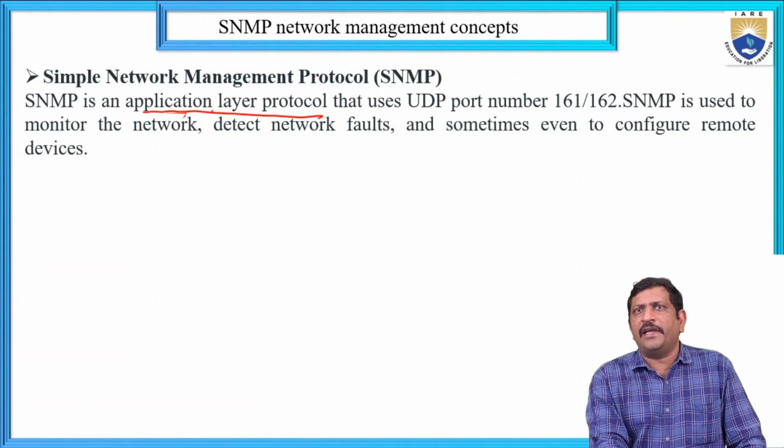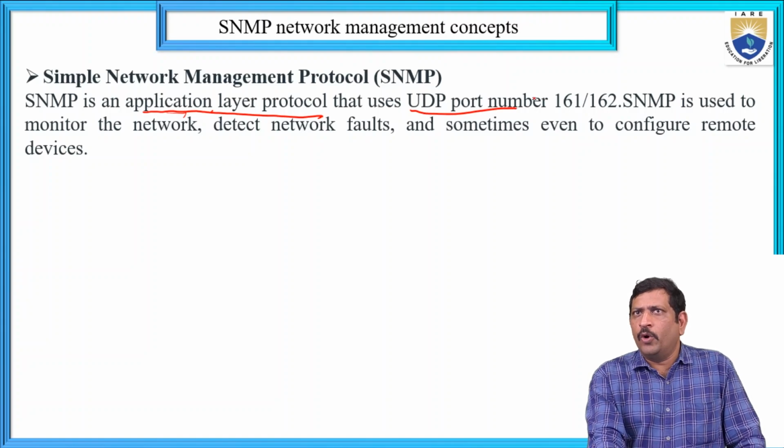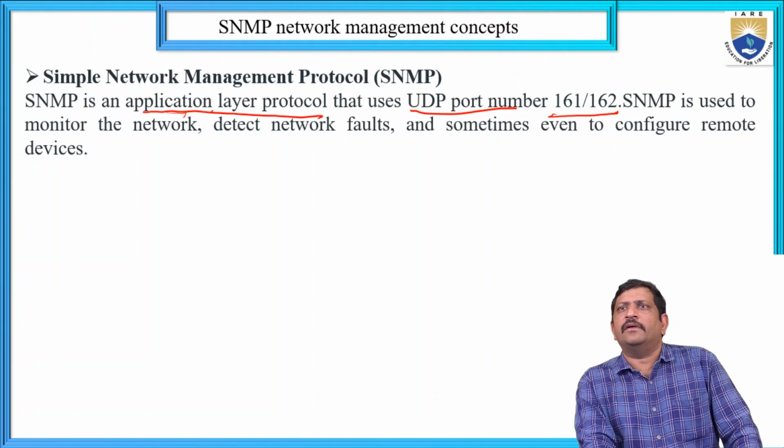SNMP is an application layer protocol that uses the User Datagram Protocol port number. Here the UDP port numbers are 161 and 162, which is utilized in the application layer, the topmost layer in the OSI reference model.